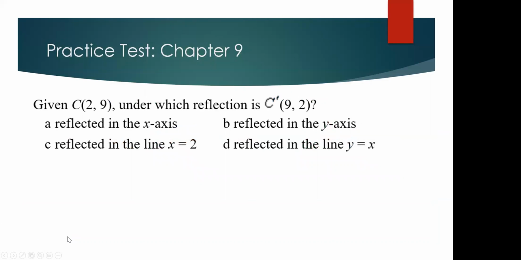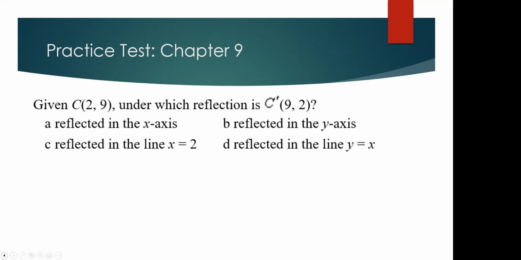So here it says, given that point C with coordinates (2, 9), under which reflection is C' (9, 2)? Is that going to be reflected over the x-axis, reflected over the y-axis, reflected over x equals 2, or reflected in the line y equals x?